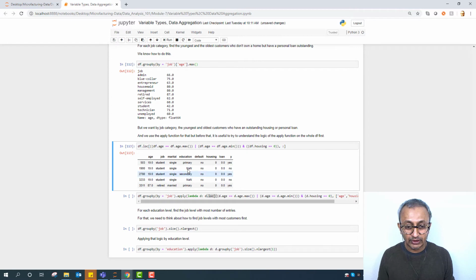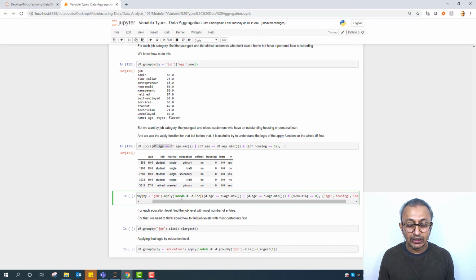So instead of doing that, we want to do it by job category. We are doing this for all jobs, but we want to be able to filter out by job category. So we say df.groupby.apply, and we again use a lambda function. We take this entire thing and code it as if we are applying it to lambda d.